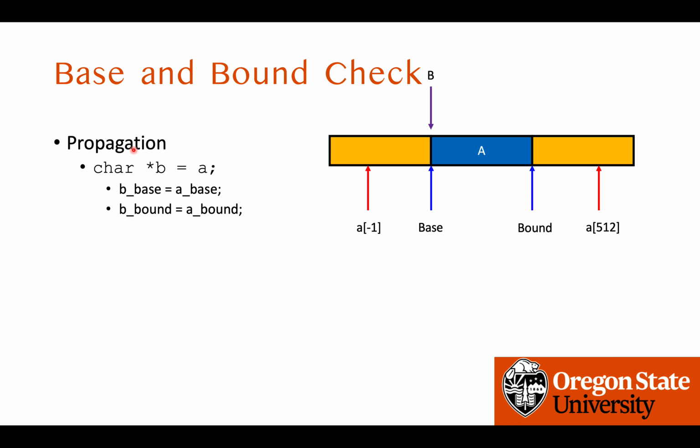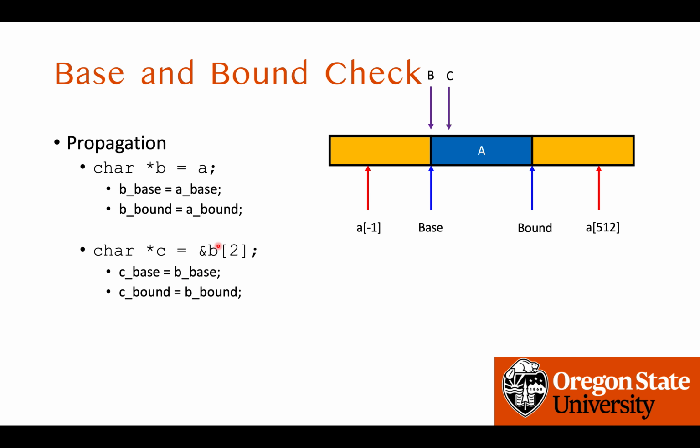So whenever we assign a pointer A to some other pointer B, we not only copy the address A to B, we also need to copy the base and bound information from A to B. And in case we would like to apply some arithmetic operations on the pointer, for example, taking the address of index 2 of B and assigning that to C, then we will transfer the address itself, and at the same time we need to propagate the base and bound information from B to C.